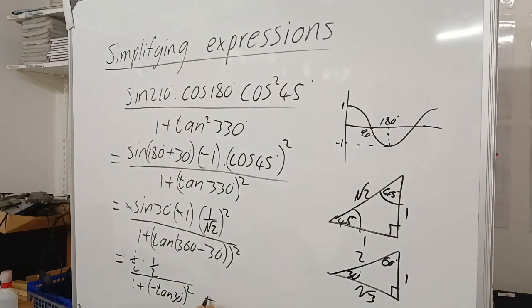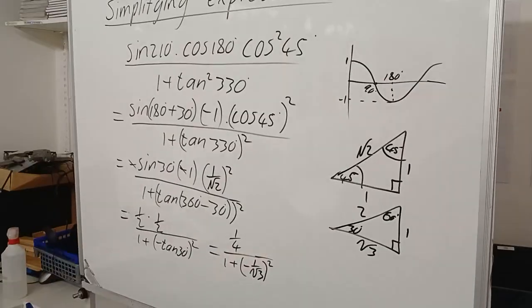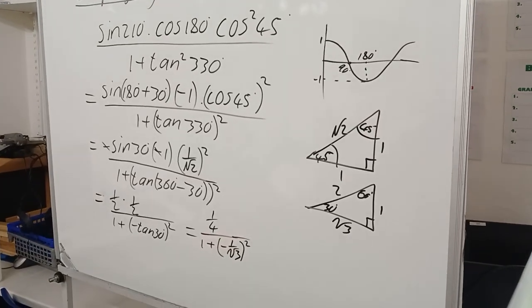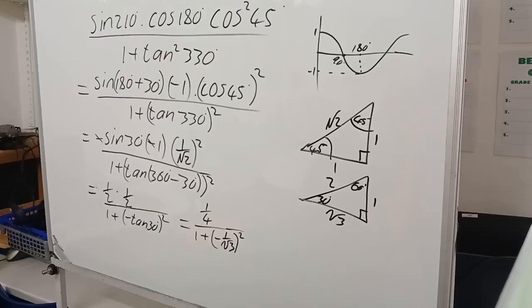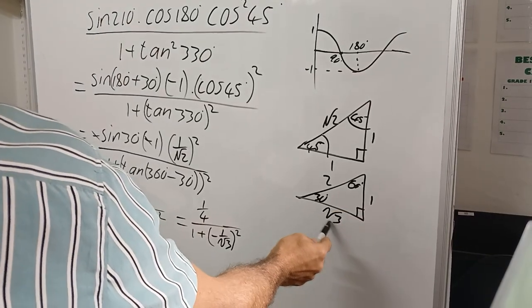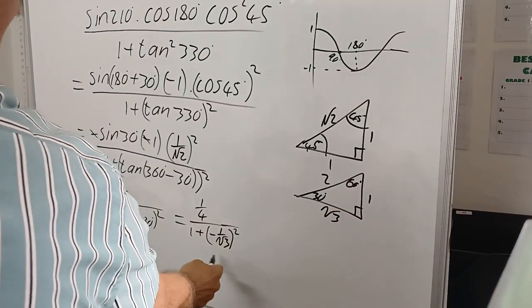So let's write it here next to it. You get 1 over 4 at the top, 1 plus, and then negative 1 over square root of 3 at the bottom. Okay, so we substituted. So we are down there now. Using the triangle, 1 over square root of 3 for tan 30, now we can square this.